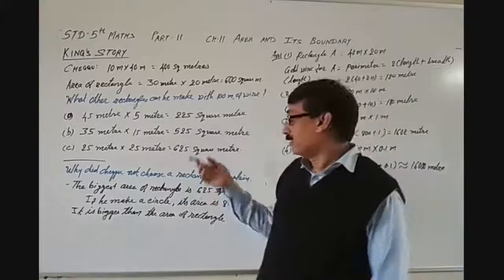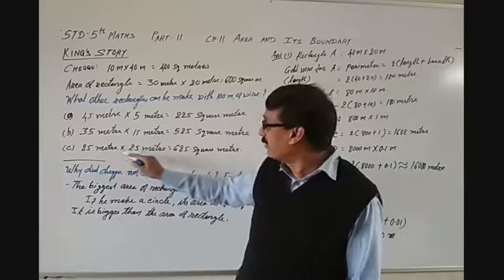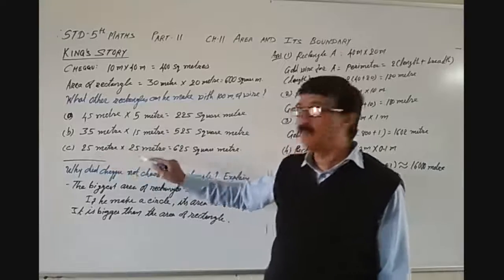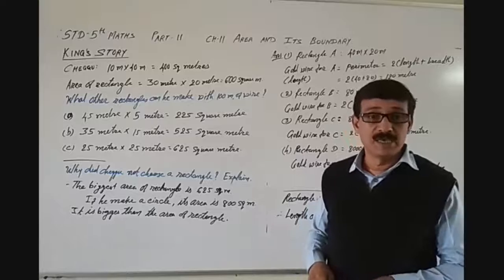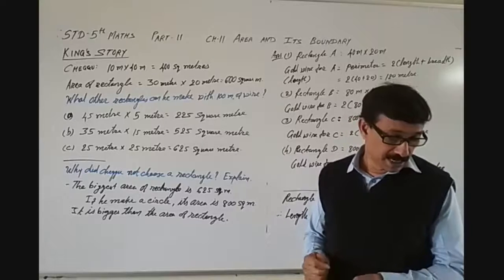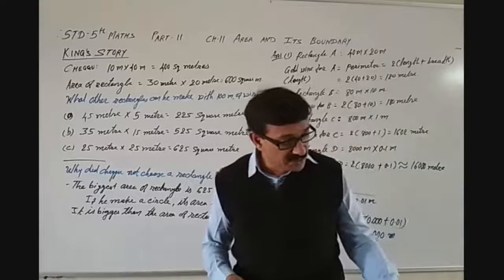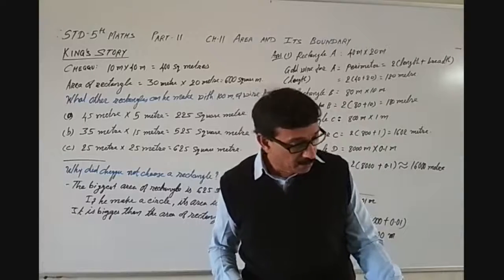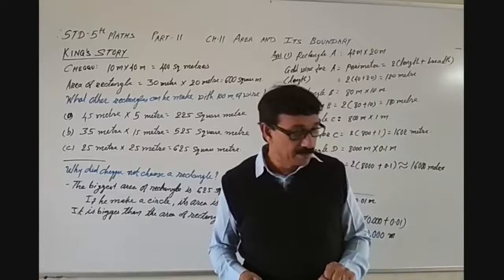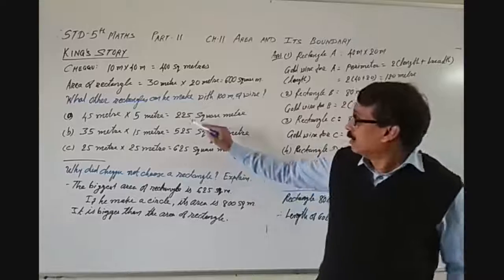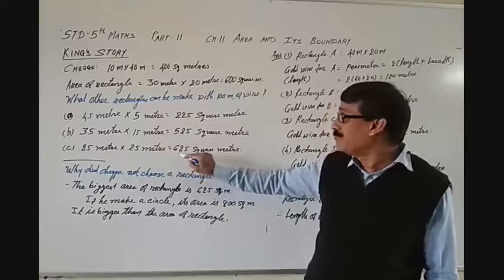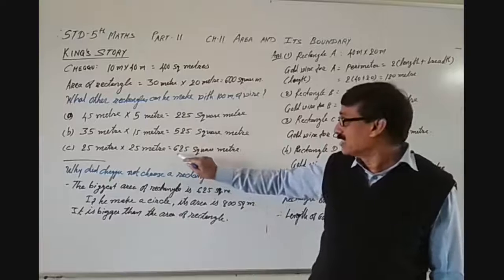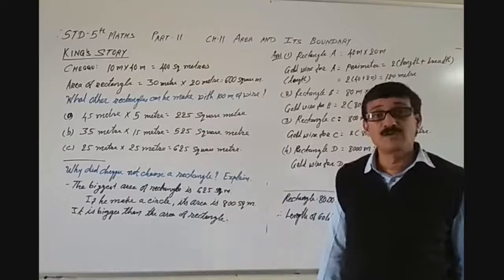Its area is length multiplied by breadth, 25 meter by 25 meter, which is equal to 625 square meter. Discuss which of these rectangles will have the biggest area. We can see that rectangle C will have the biggest area, because its area is 625 square meter.